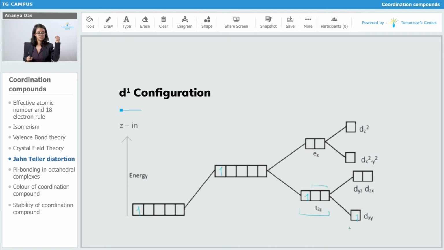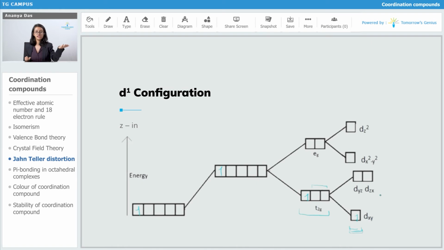But after splitting into dxy, dyz and dzx, now there is no electronic degeneracy, right? Because there is symmetry. There is only one orbital, and in that one orbital there is one electron. There is no other option for this electron to go into. And obviously it is going to go into dxy and not dyz and dzx, because dyz and dzx have a higher energy.